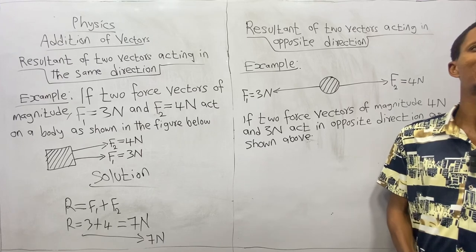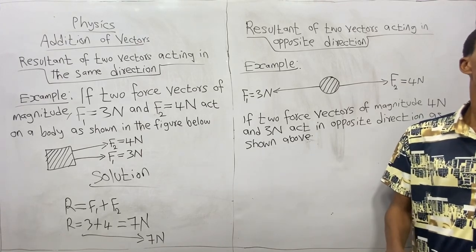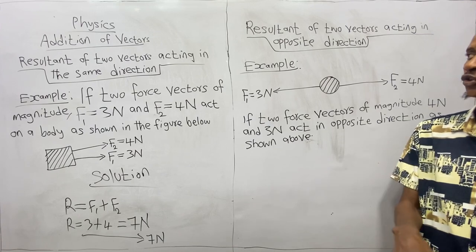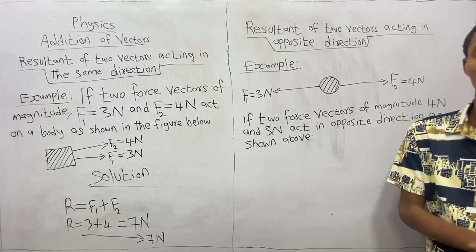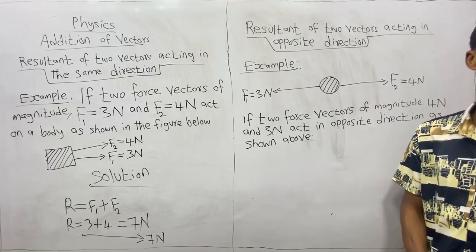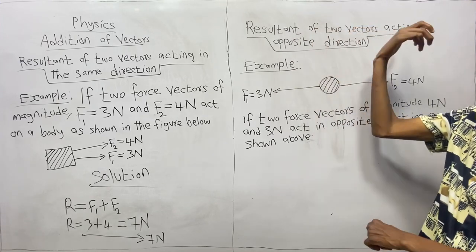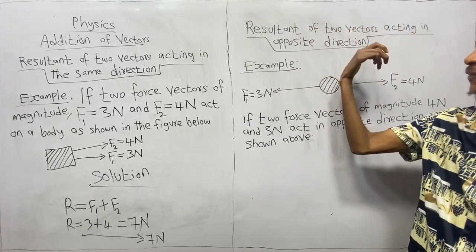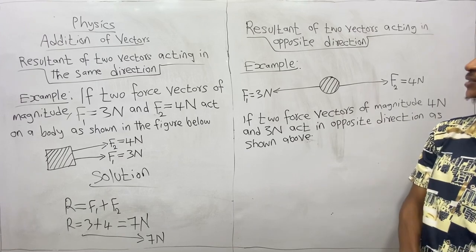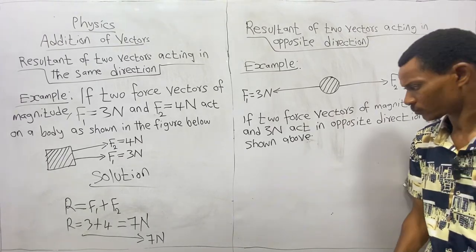Now let's look at the second condition for finding the resultant of two vectors. So the second condition of finding the resultant of two vectors is when the vectors are moving in opposite direction. So to find the resultant of two vectors acting in opposite direction, what do we do?